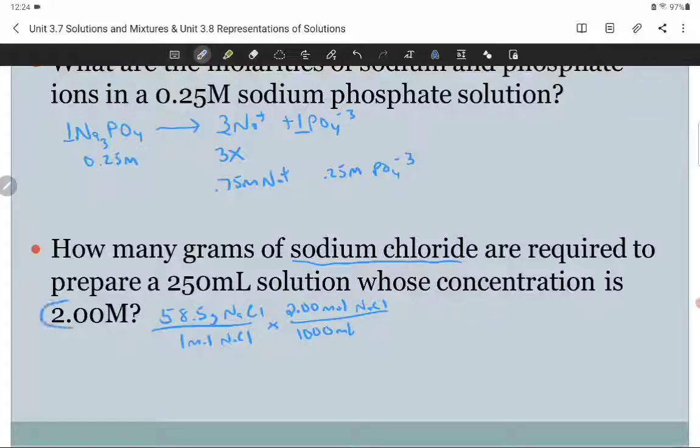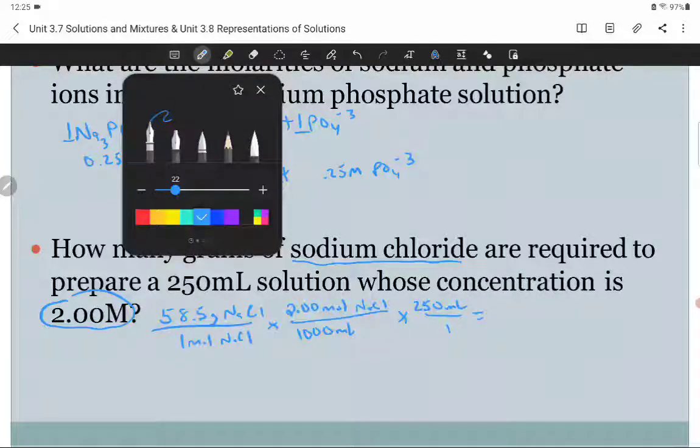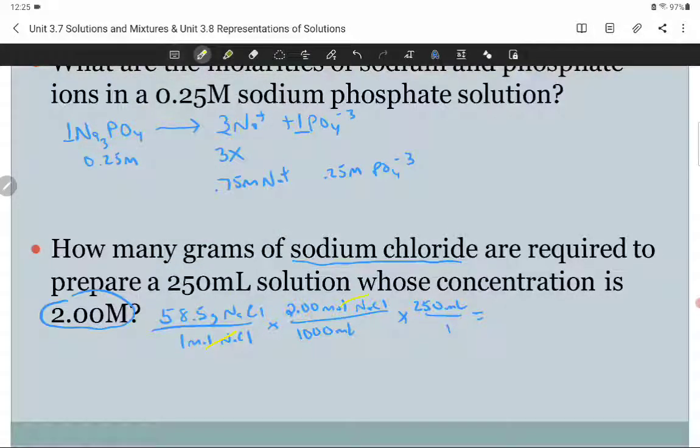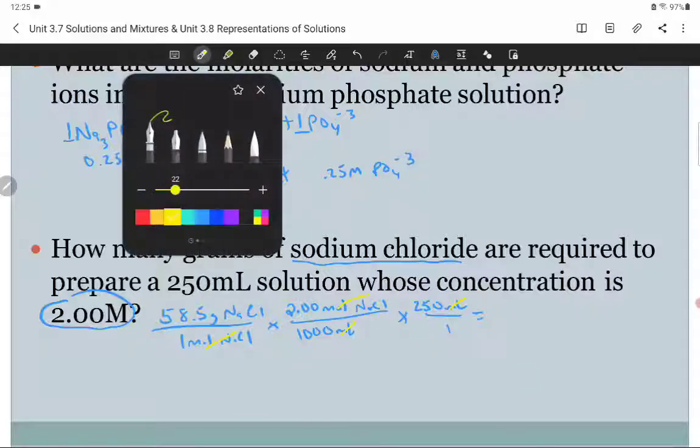So this big M is moles of solute divided by liters of solution. And then we were told that we're going to make 250 milliliters of it. So I think all of our units will cancel, except for the units we want in our answer. And yes, we will be left with grams.